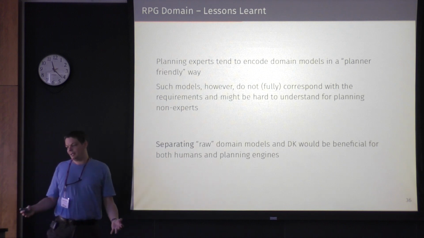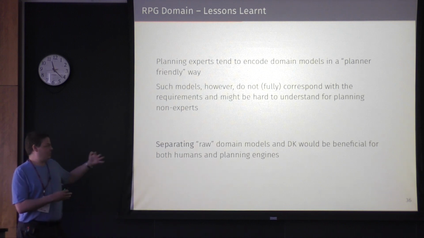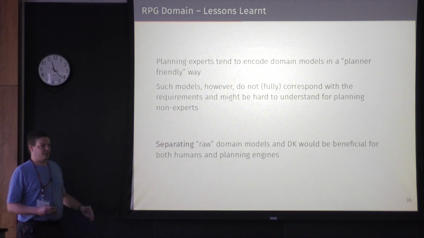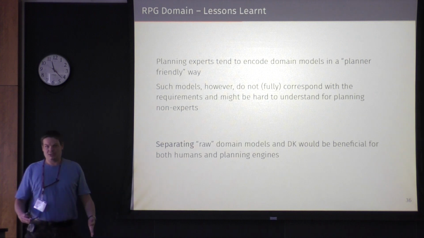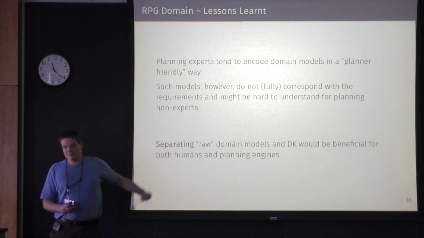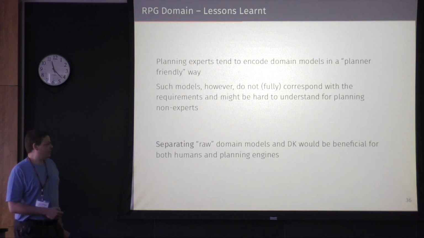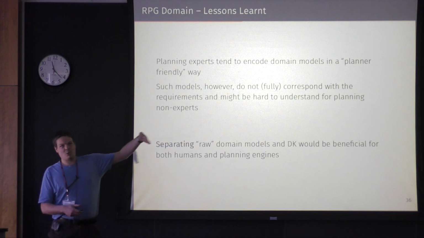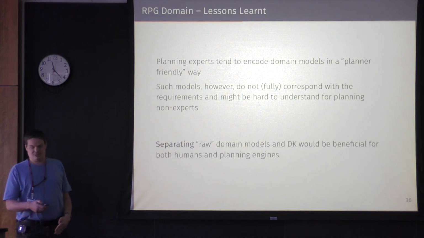That's the reason why we should separate what we call raw domain models, which are really accurate, complete, and correspond with the requirements, and what we call domain knowledge, which in our case is preventing the hero's death, right?